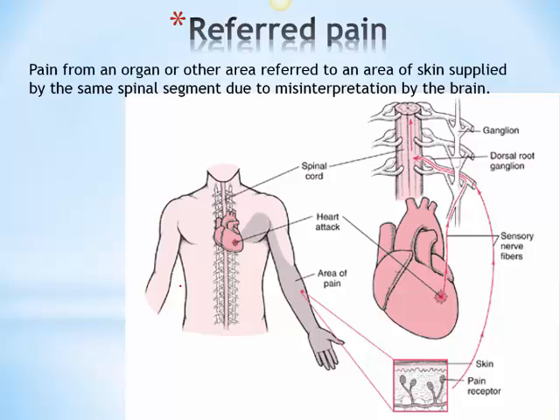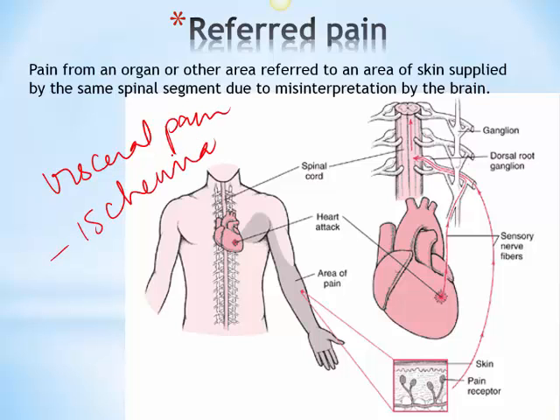Pain from an organ, which is known as visceral pain, is either because of ischemia, that means lack of blood supply, or if there is too much stretch or spasm of muscle. So if something is stretched a lot, like for example, little children, babies tend to be very colicky. We say they're crying all the time, they're colicky.